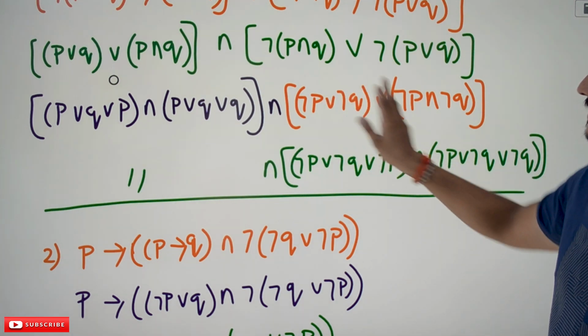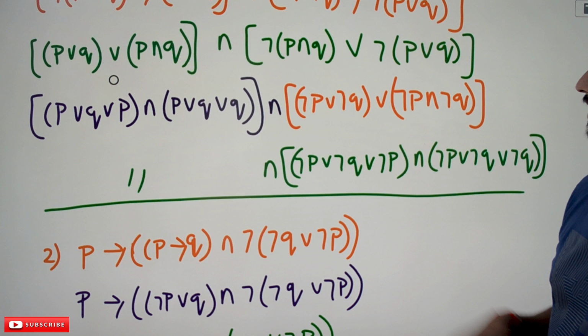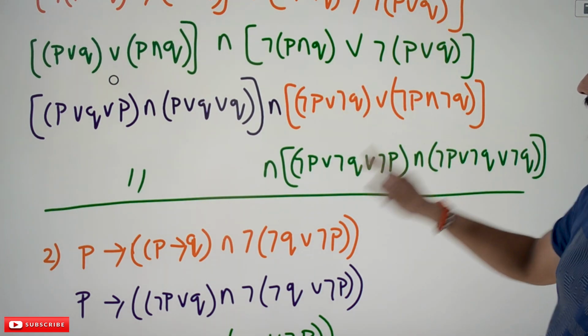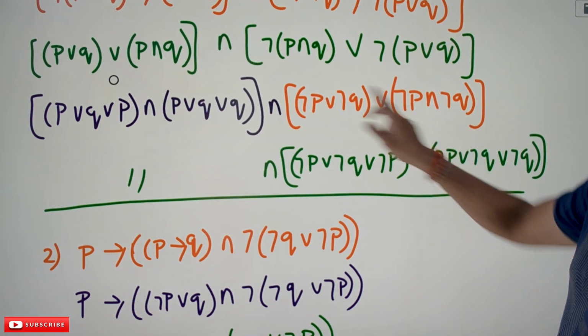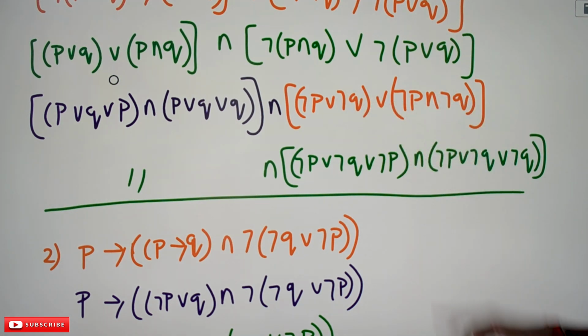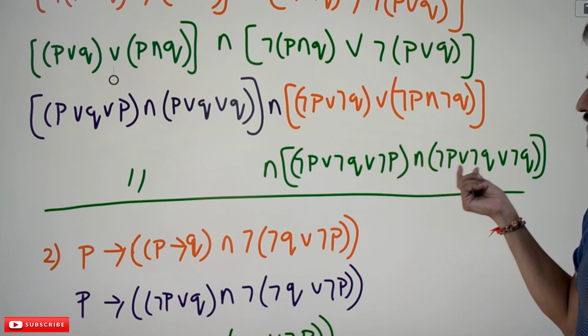Take this as x, disjunction, negation p as y, negation q as z. So x disjunction y conjunction x disjunction z. So this is also in the form of a product of sums.